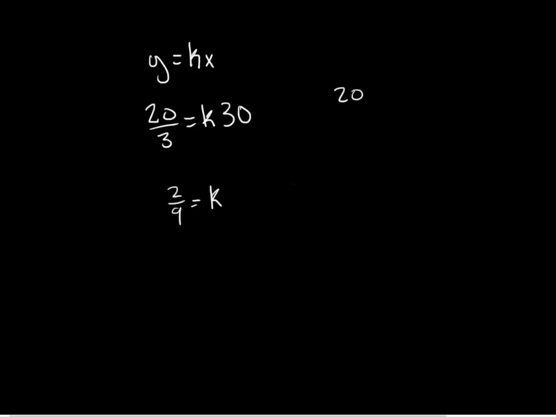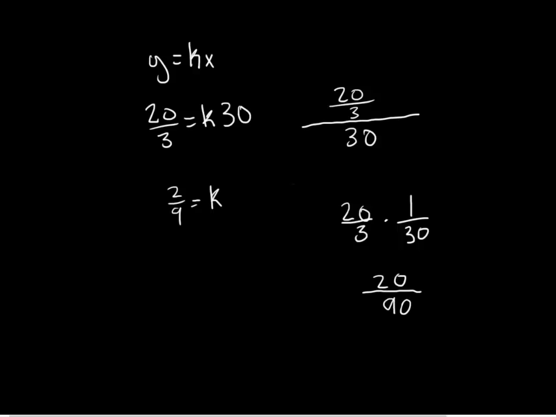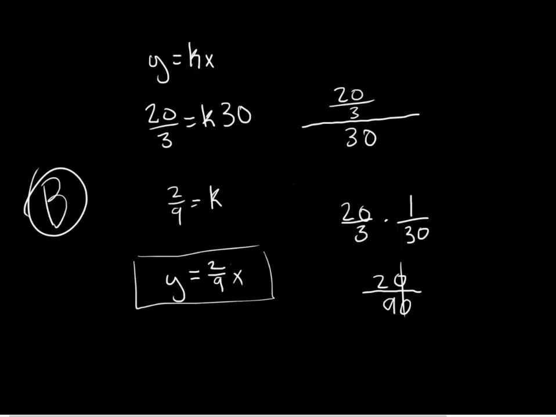Quick review. 20 thirds divided by 30 is equivalent to 20 thirds times the reciprocal of 30, which simplifies to 20 over 90, and those zeros cancel, leaving k equals 2/9. So your direct variation equation is y equals 2/9 x, and again the answer is B.